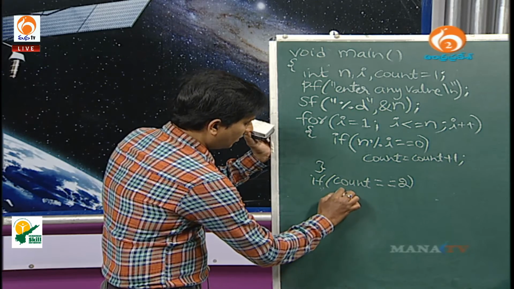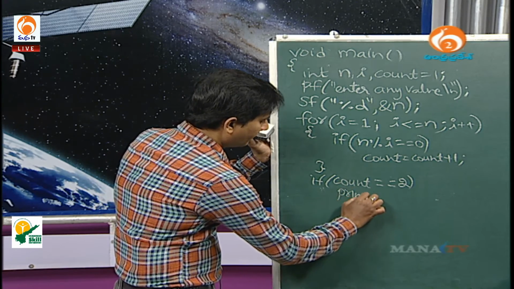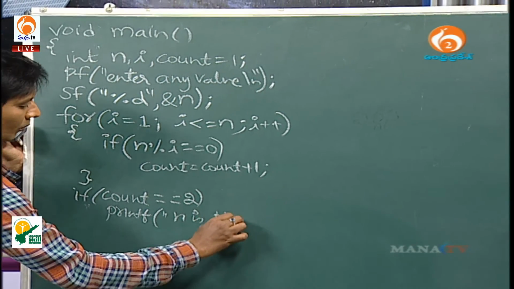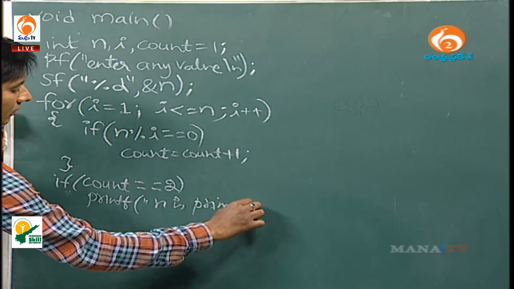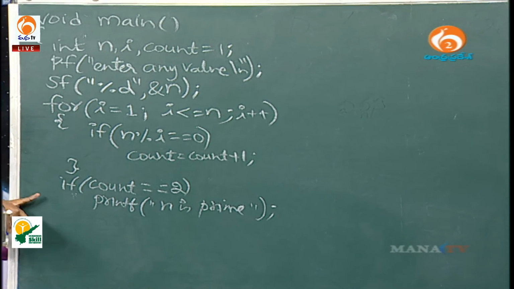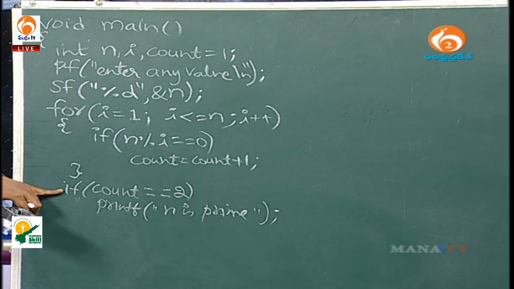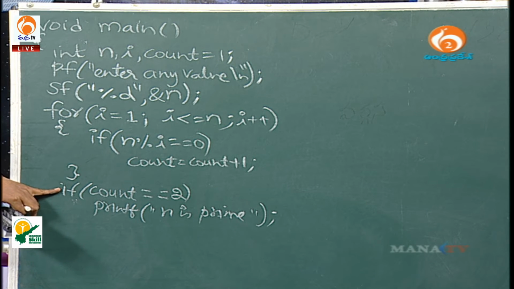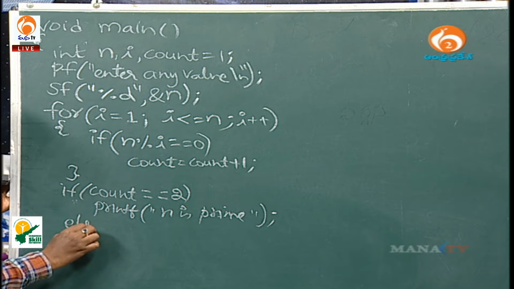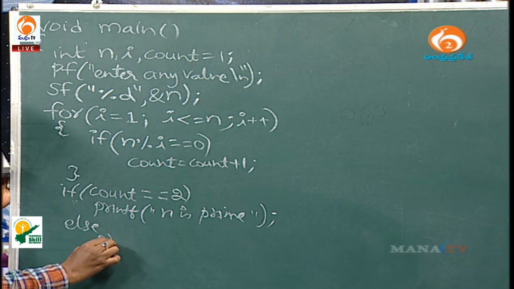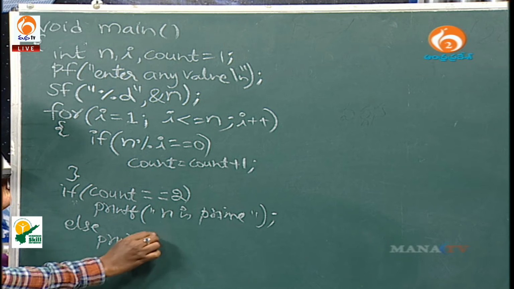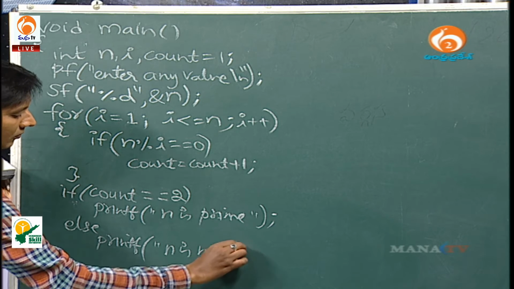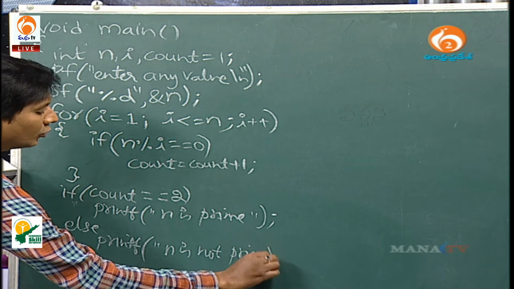Display n is prime number means printf n is prime number. Okay. Next step, if this condition becomes false, that means step 10 becomes false, that means the else part: display n is not prime number.